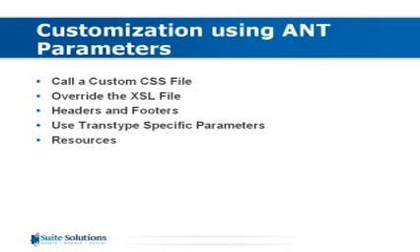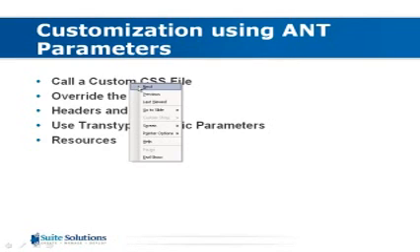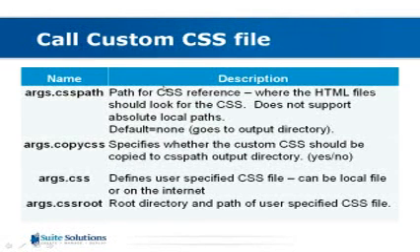Okay. So the first one is customizing a CSS file. There are several ANT properties which allow us to specify where the CSS is and how the file should look for it.